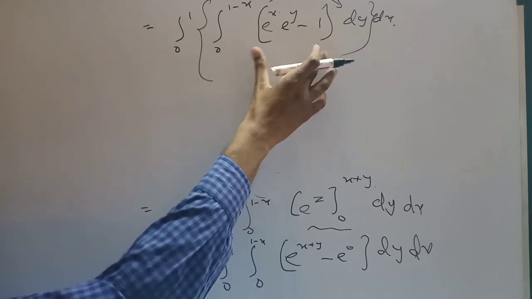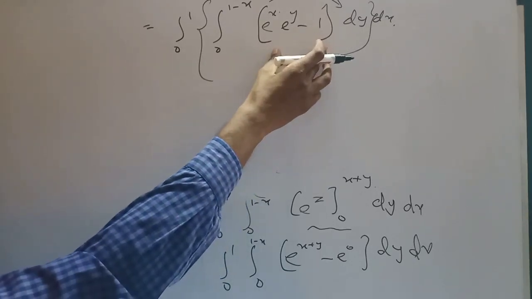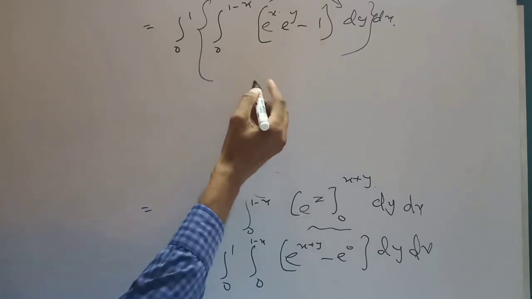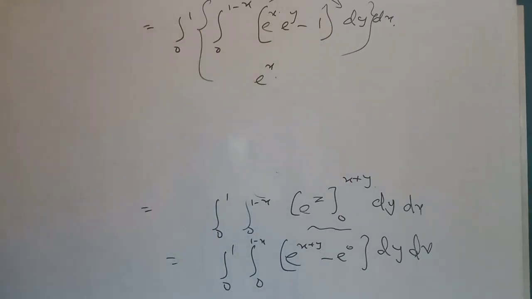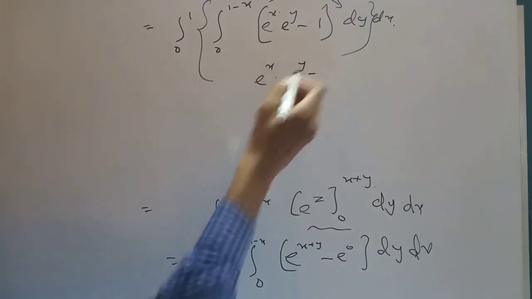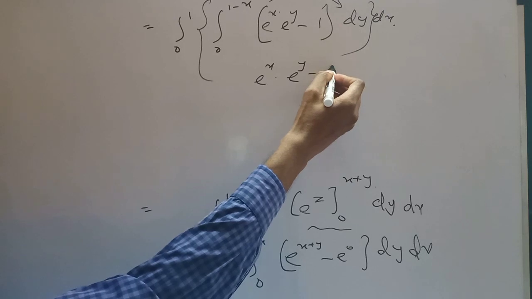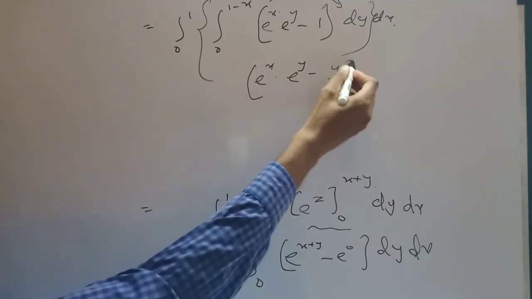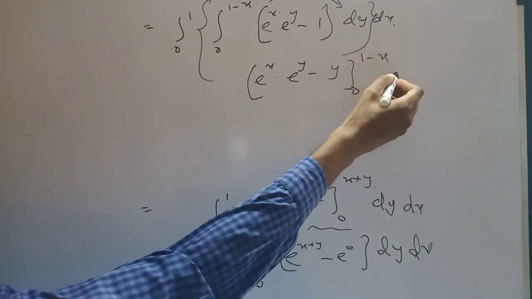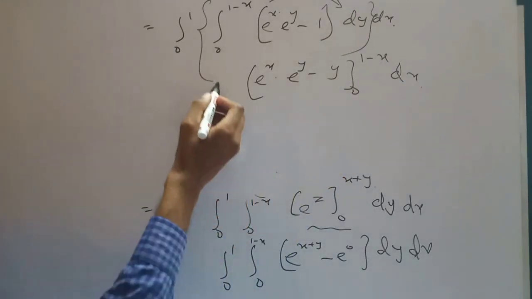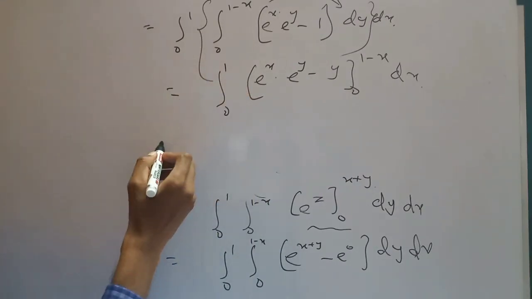While integrating with respect to y, x is constant, so e power x is constant. The integral of e power y minus 1 with respect to y, limit 0 to 1 minus x, and the outer integral with respect to x, 0 to 1.